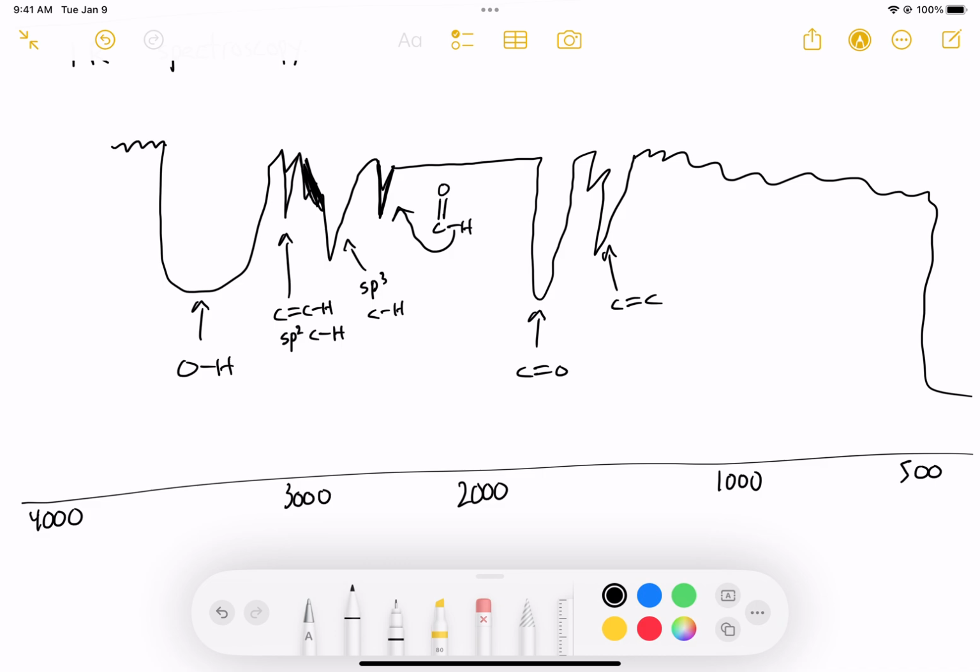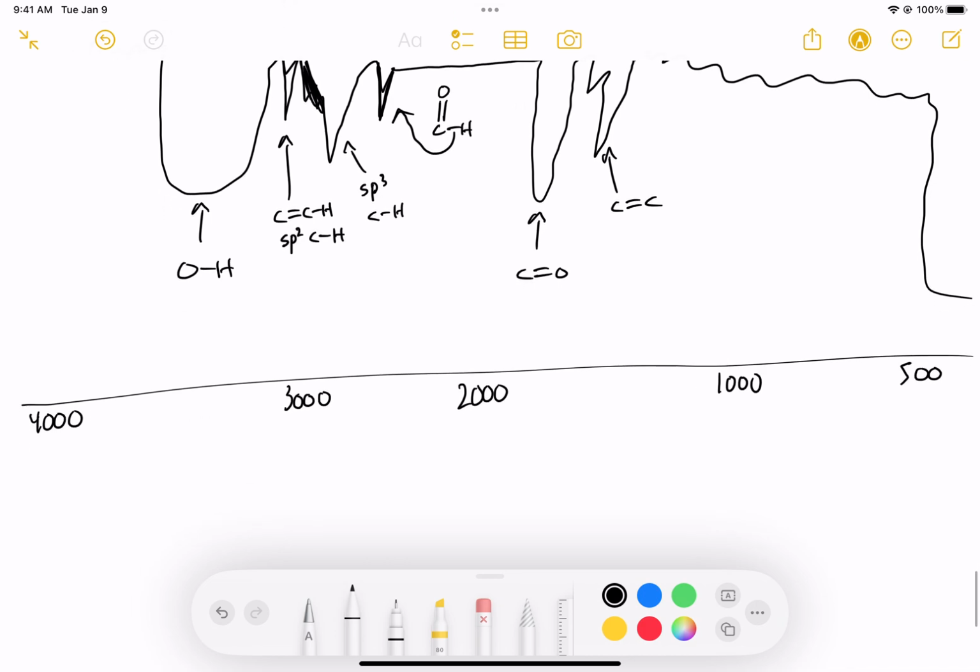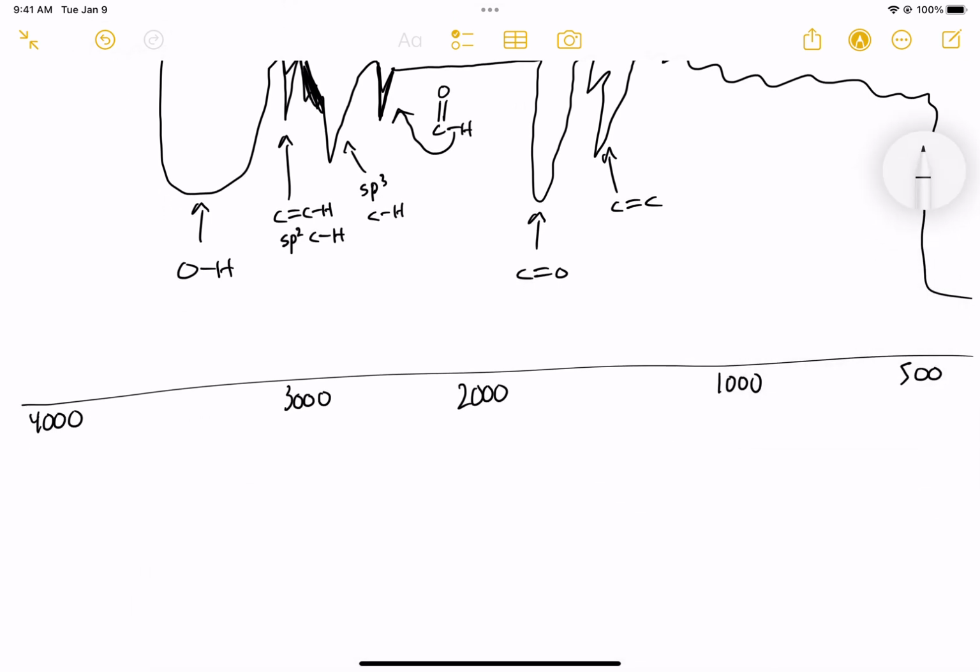Okay, so now that we have all those peaks there, let's say we can have a number of structures.